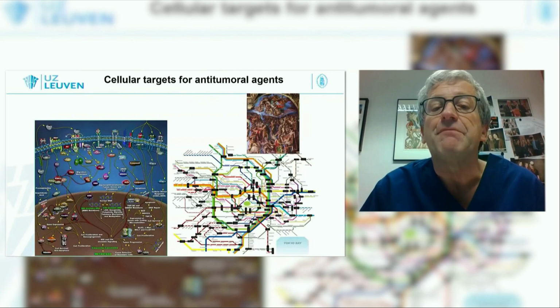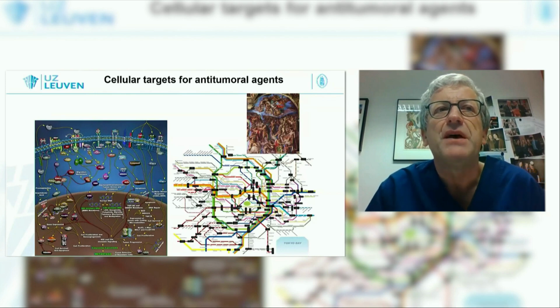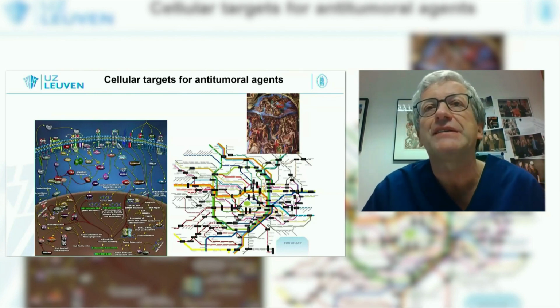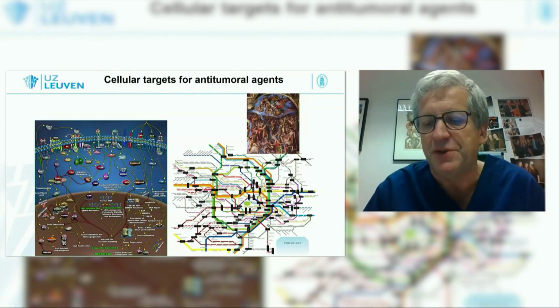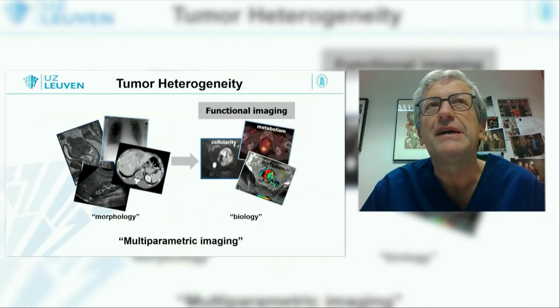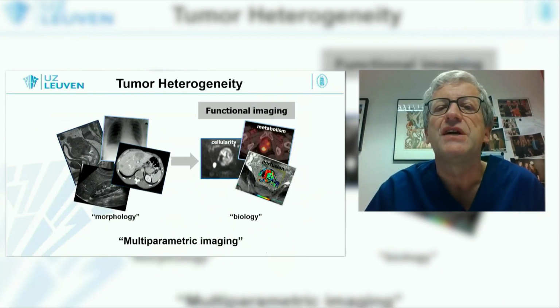And finally, it is important that the endoscopist is also aware of the increasing number of cellular targets and anti-tumor agents. Adequate biopsies are often requested by the GI oncologist, sometimes new biopsies, and in the future we may go for liquid biopsies looking at circulating DNA, or we may go for repeat biopsies of the tumors in order to better understand the changes under pressure of targeted agents and tumor heterogeneity.